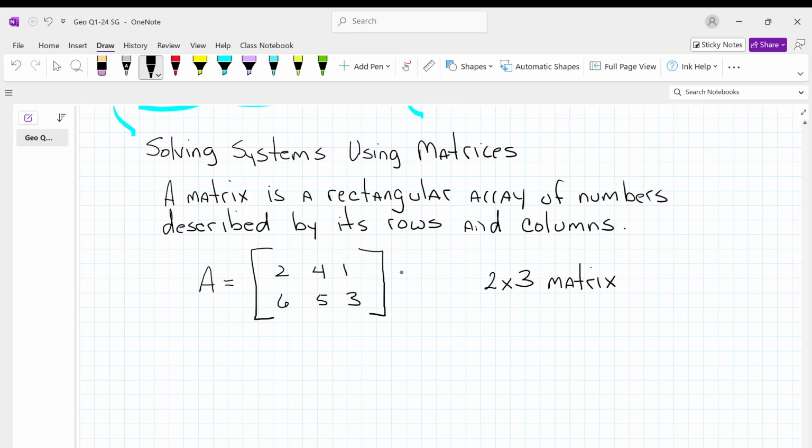The 2 being the number of rows and the 3 being the number of columns. Columns are vertical, rows are horizontal. You could see it described with the subscript 2 by 3. So that would be a matrix that has 2 rows and 3 columns.